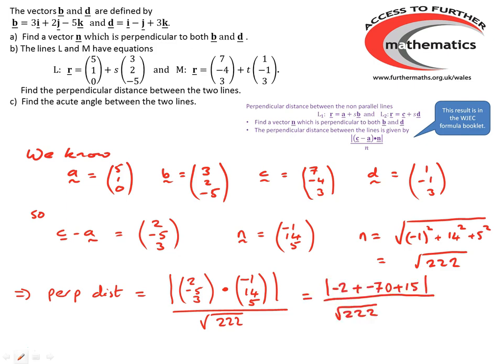So the perpendicular distance is the modulus of -57, i.e. 57, divided by the square root of 222. So that's approximately 3.83.